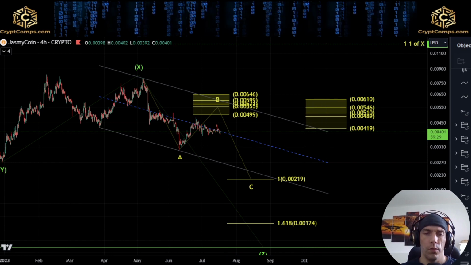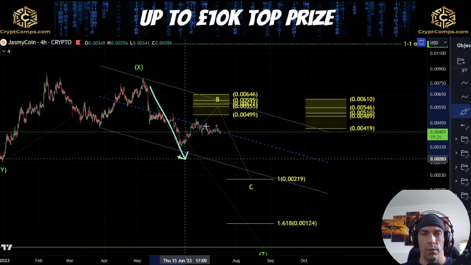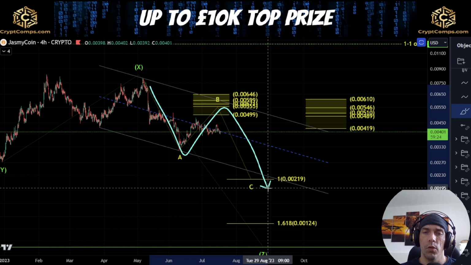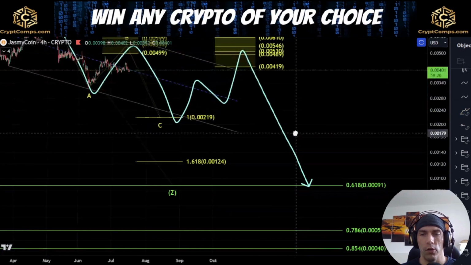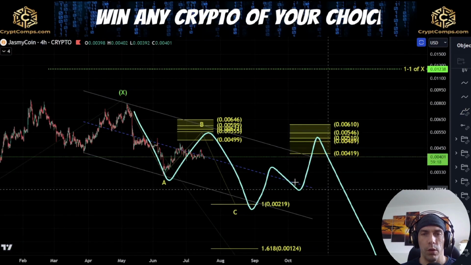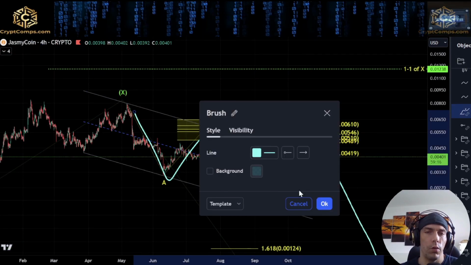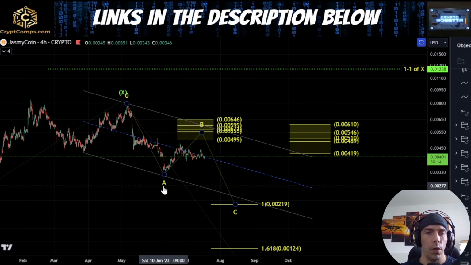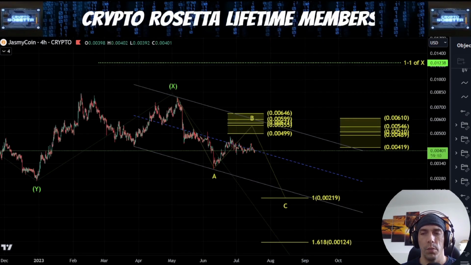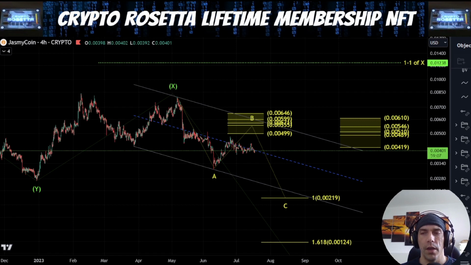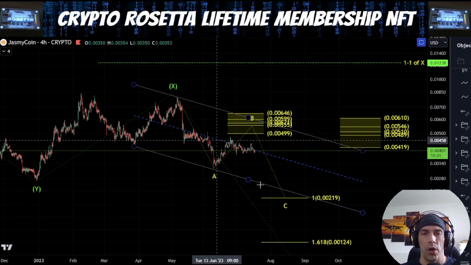If we do see a move down here in 3 waves like this, where this becomes A, B, and C, then what we'd be looking for is that possibility of another 3-wave move up before that continuation down towards this 0.618 level. So this is going to be the longer term thing we're looking for here. We do have short-term potential bullishness if we can manage to hold those support zones, but if we fail to do that, we need to be careful of the ideas of a break to the downside.